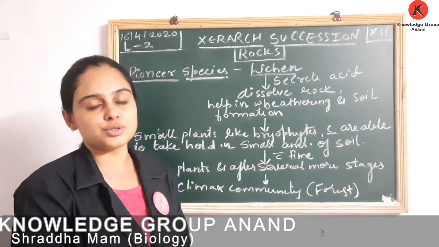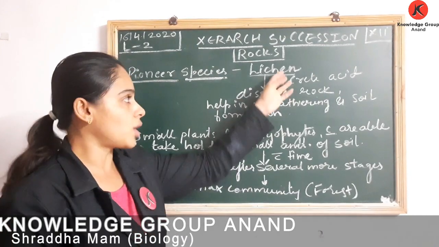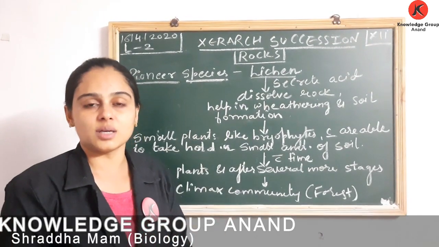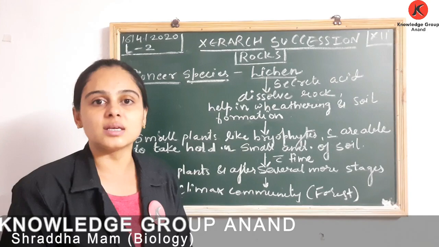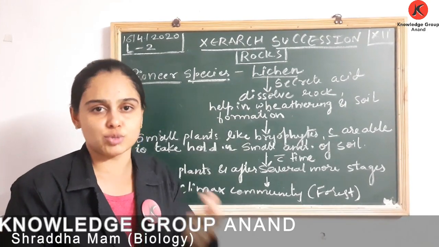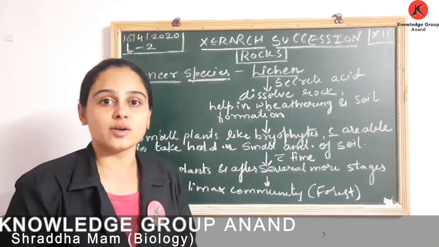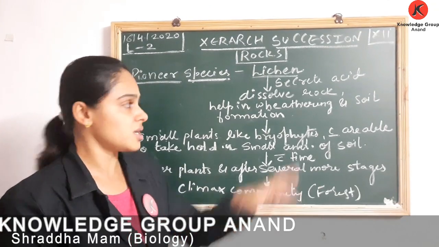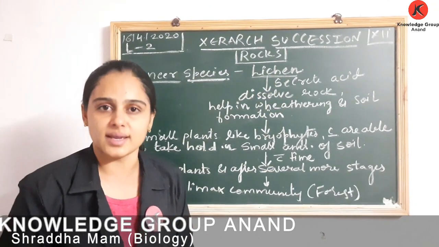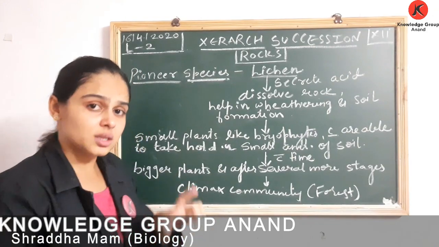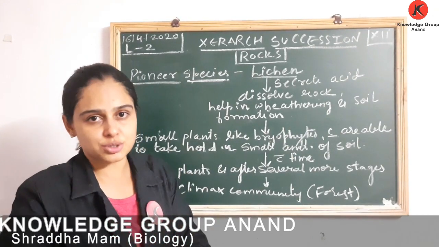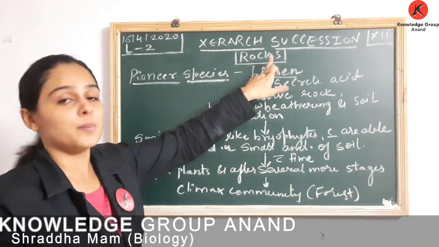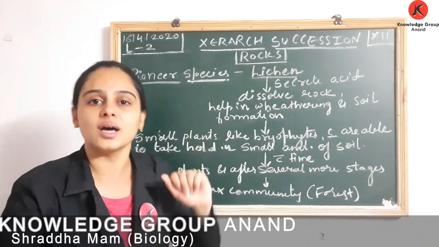Lichens we have understood in class 11. What are lichens? Lichens are nothing but a combo pack of algae and fungus. There is a mutual understanding, a kind of symbiotic relationship between algae and fungus, that is called lichens. So the very first species that occupies bare rocks are lichens.